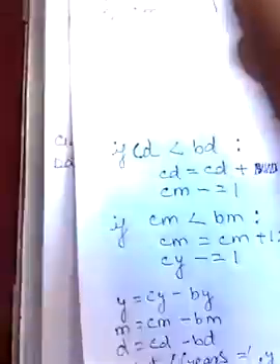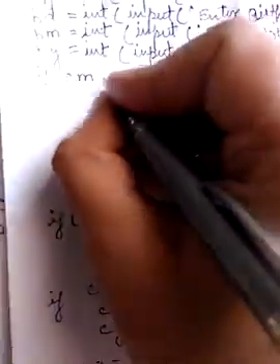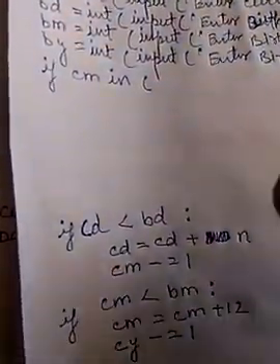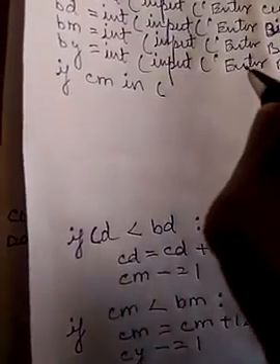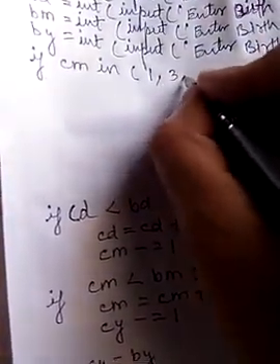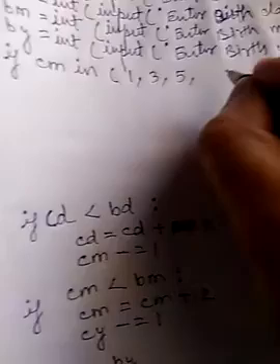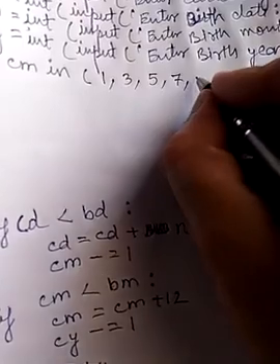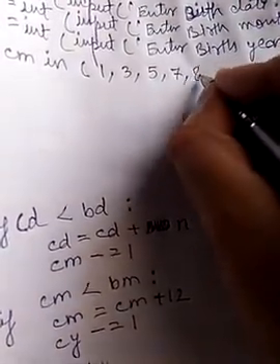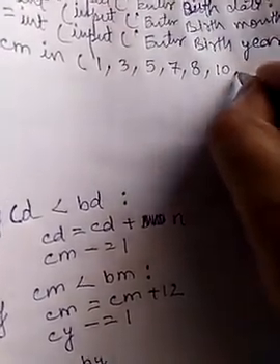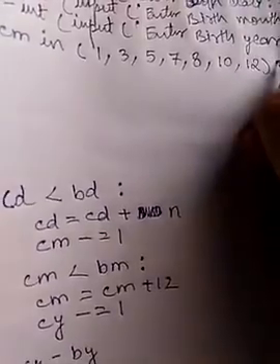Let us check. If the current month is in, I am writing here the months which have 31 days, that is 1, 3, 5, 7, 8, 10, 12.